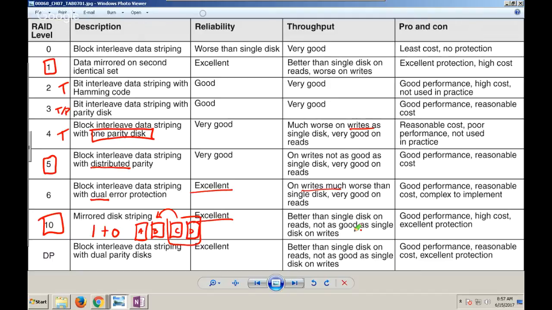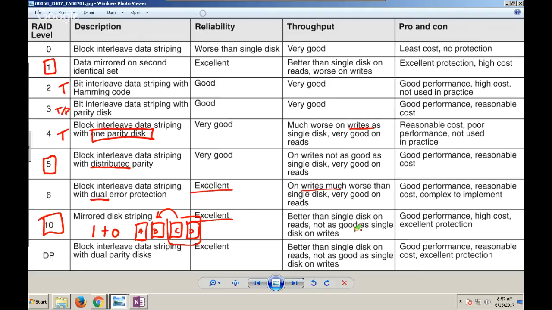So with RAID 10, would you be able to lose 2 drives before? Mm-hmm. Or I guess, if you had 6 drives total, you'd be able to lose 3 drives before that? Potentially. It does depend a little bit on the drives that fail. If you lose, for example, B and D, I don't think that you could recover from that.